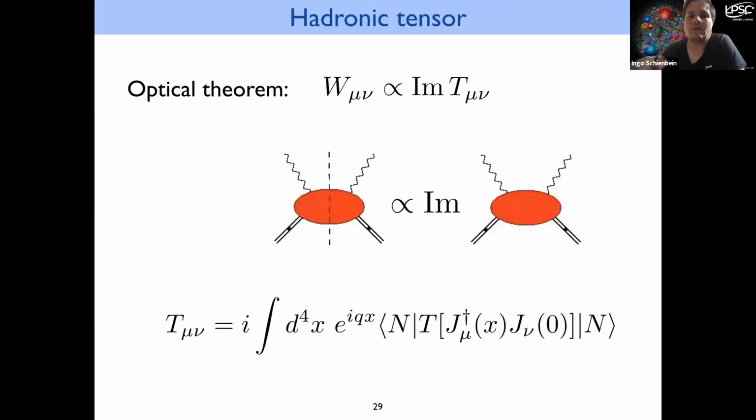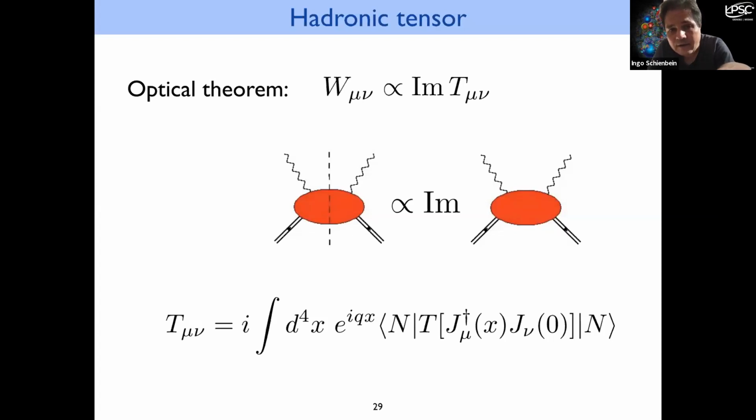So now let me quickly say something about the operator product expansion. The starting point is the optical theorem. Graphically, on the left side, this red blob, the hadronic tensor W^{mu nu}, is essentially the square of the amplitude, which is represented by the red blob.